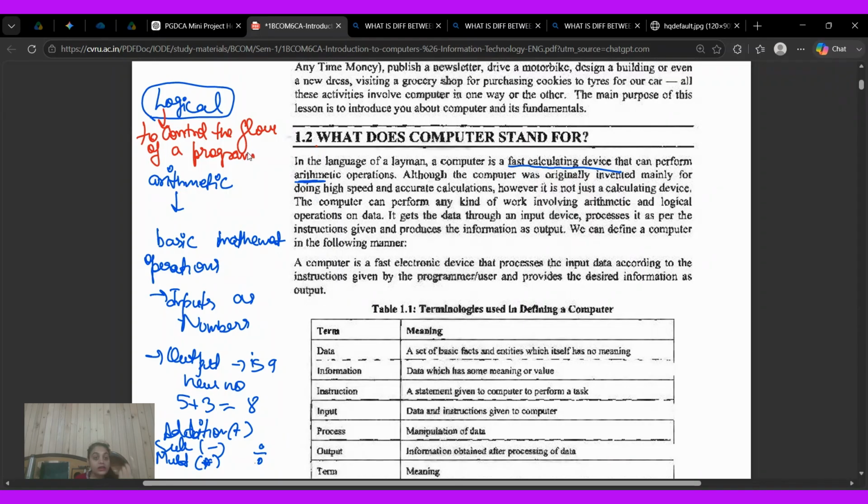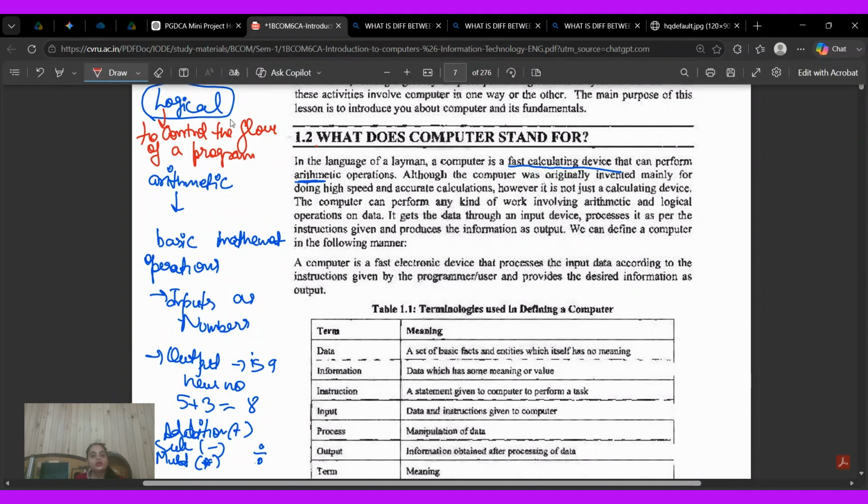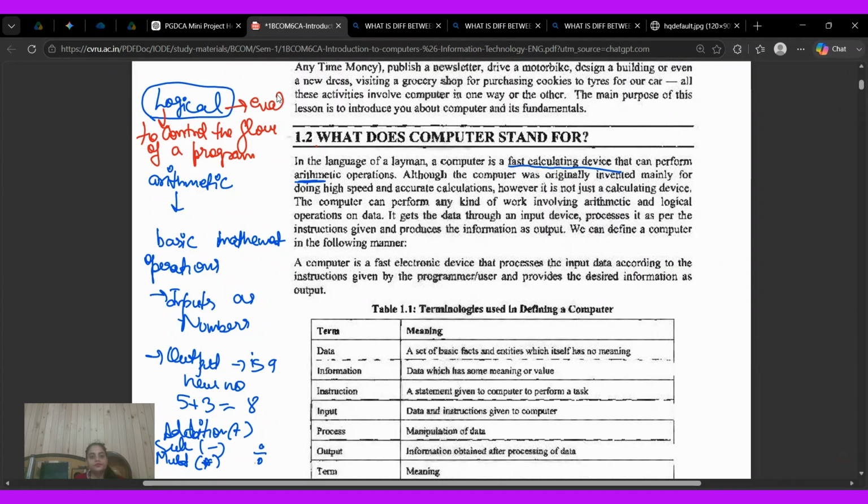So that is where the logical operation comes into being. Logical operations evaluate conditions and logic.